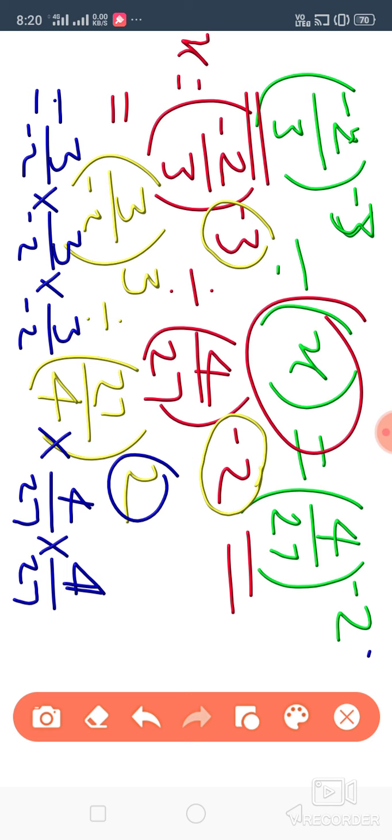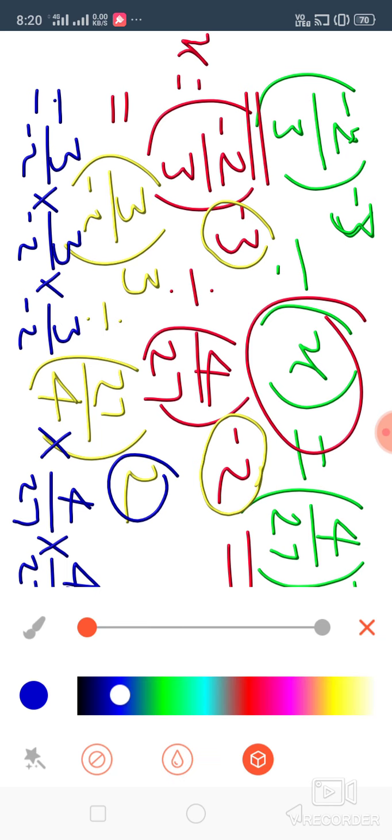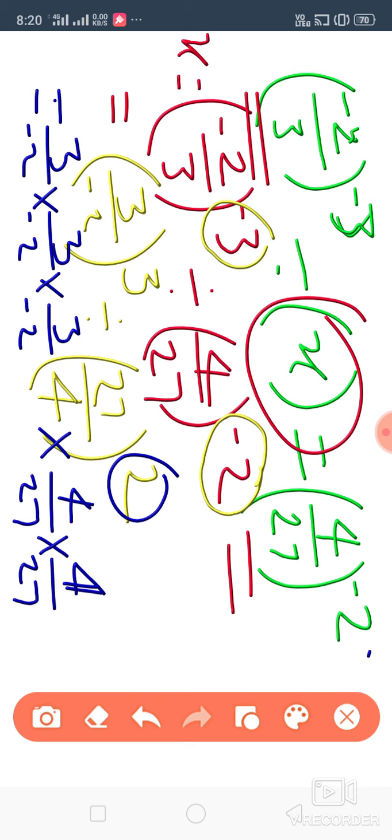Now cancel it, you have to just simplify it. So -2 into -2 will become plus 4. This plus 4 and this plus 4 will be cancelled. Now this -2, this -2 times: -2 into -2 gives plus 4. So overall we are getting here -2.